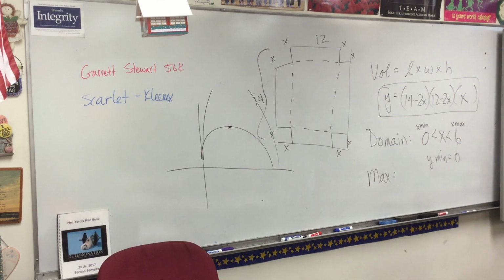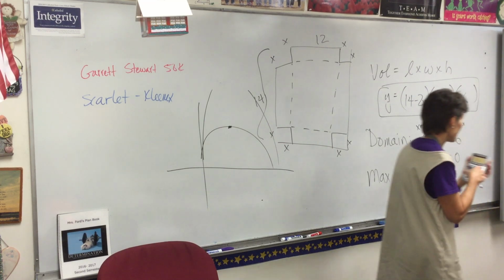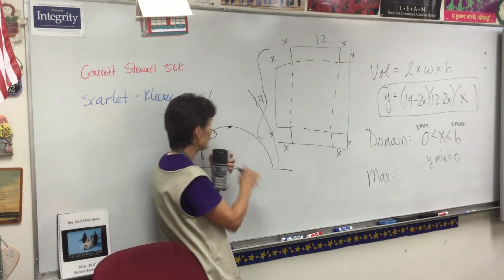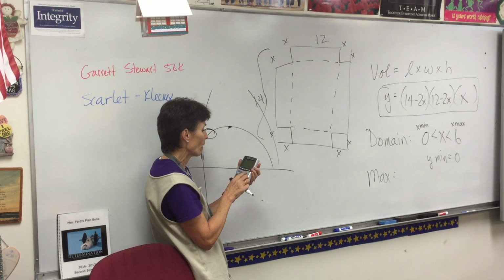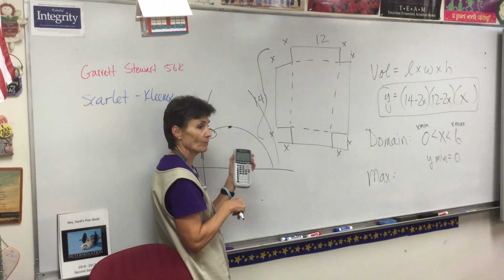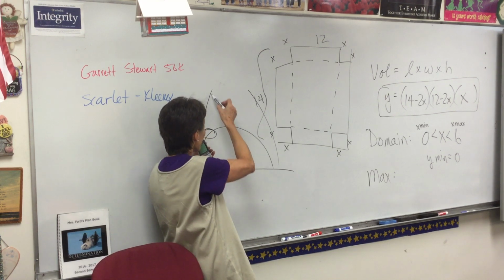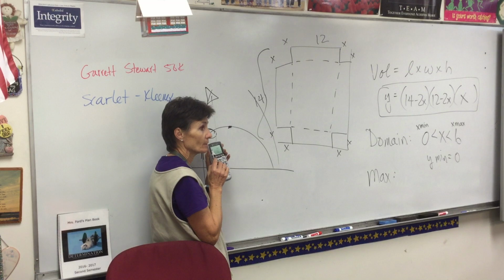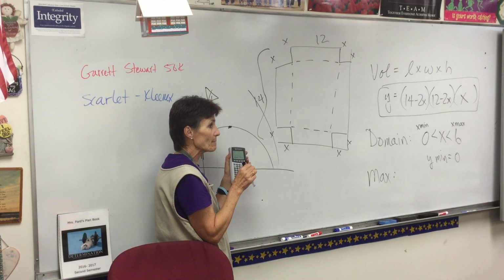And then the cursor comes flashing on the screen and it says left bound. So use your little arrow buttons and move it so that the cursor is over here somewhere. You need the cursor anywhere over there, and press enter. For some of you, a line will come into the screen. For some of you, it's just an arrow up here. Now it says right bound.